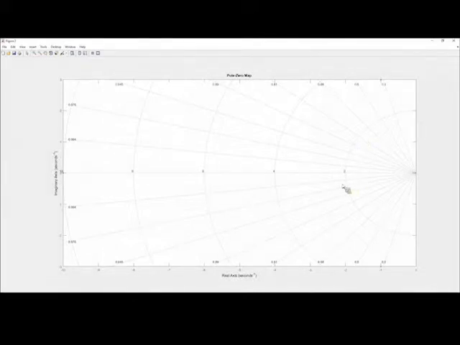So this would be natural frequency of 2, natural frequency of 4, natural frequency of 6. It's also going to put level sets of zeta on the map for you. So this is zeta 0.3, 0.5, 0.68, 0.81. It's a nice convenient way to show what the effective natural frequency and damping constant is for that pole location.